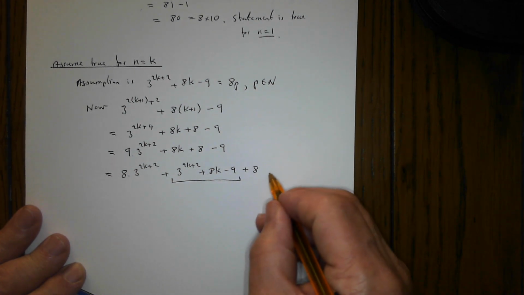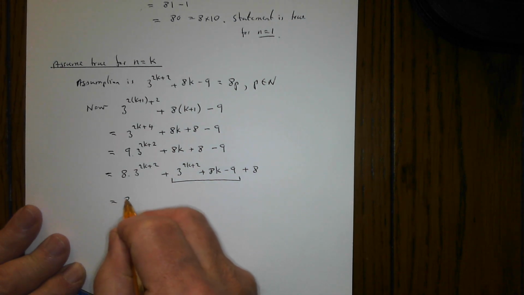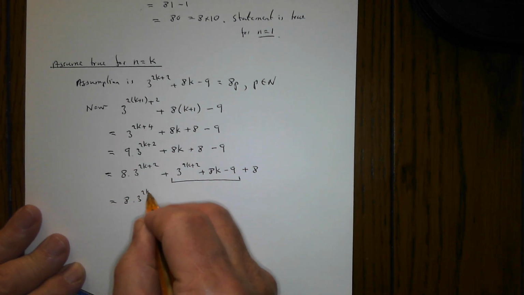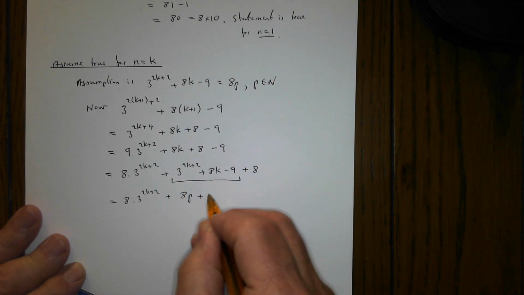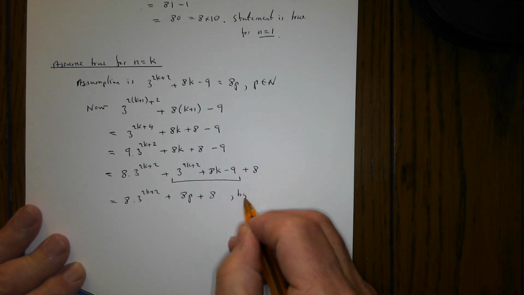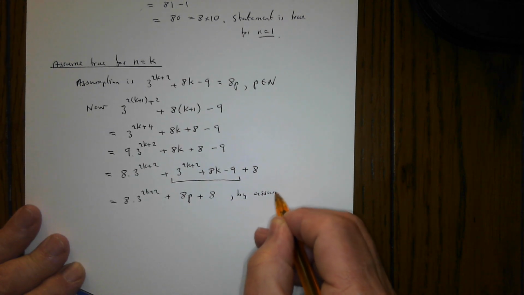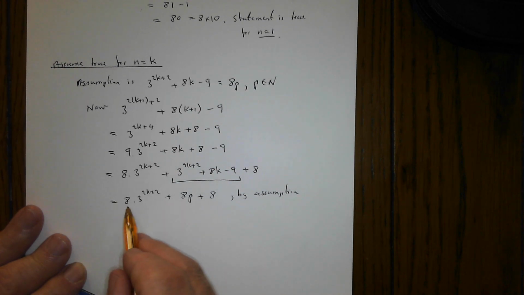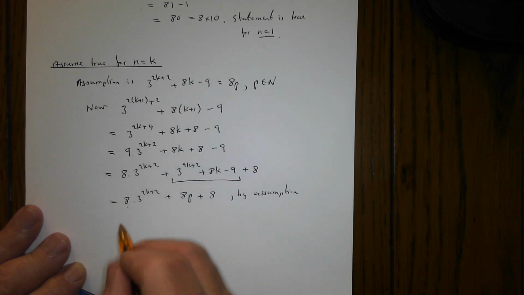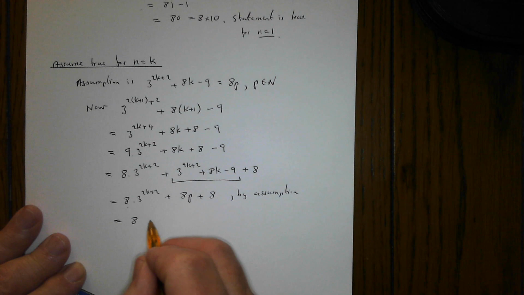So by my original assumption, I now get 8p. And now we see that everything has got a factor of 8, so we can take that out.